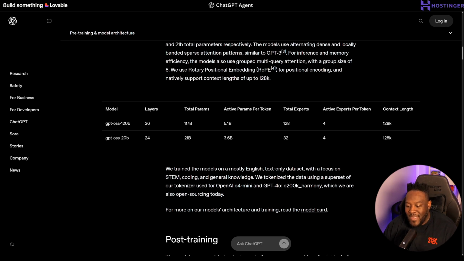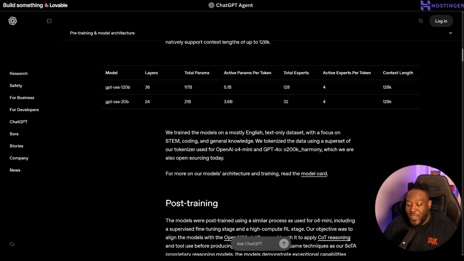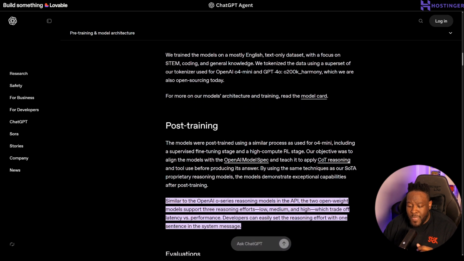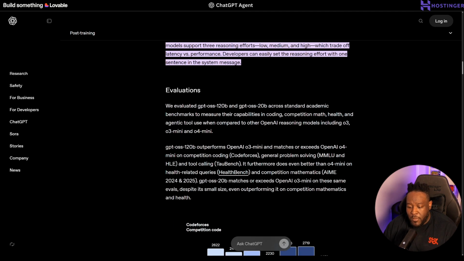So what that means is when they tested this on most things, the 120B model surpassed the 20B by that fraction. Now, they also went ahead, and this is the best part here, and compared it against their O3 model, which is one of their best ones out there right now, and their O4 mini models. They have some breakdowns here down below. Again, if you guys want to read this, the link will be in the description.